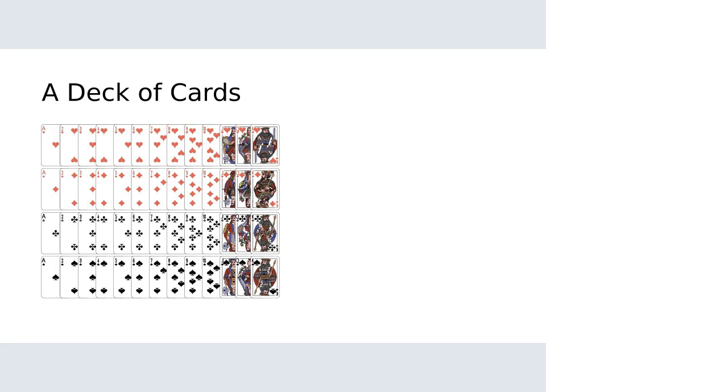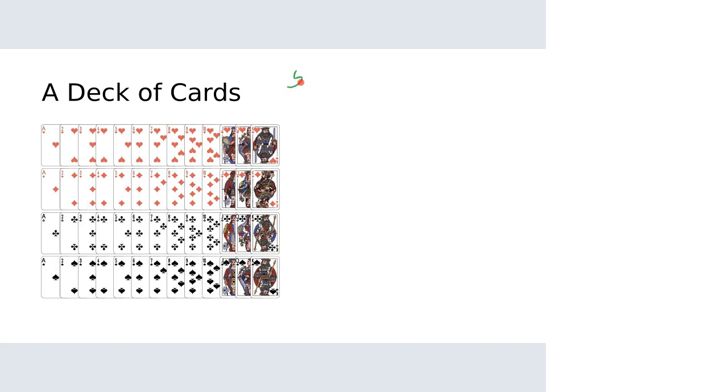Some of you, maybe many of you, are really comfortable with a deck of cards, but just in case some of you are not, we're going to talk through the anatomy of a deck of cards, because you're going to see probability questions related to a deck of cards, and I don't want it to be a totally foreign idea for you. So there's a deck of cards.